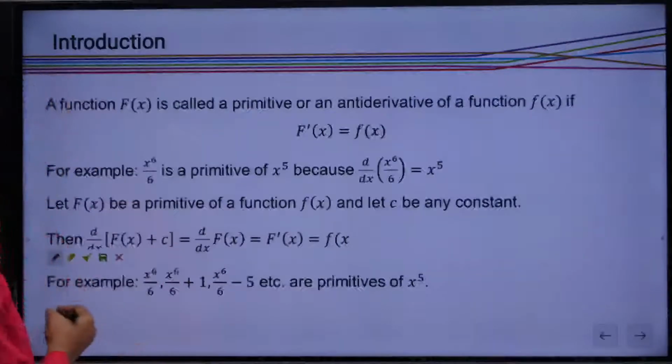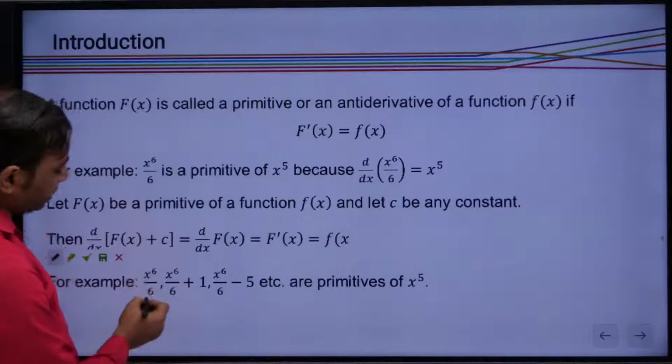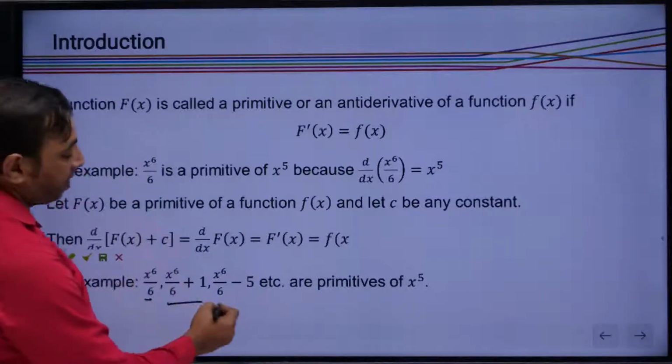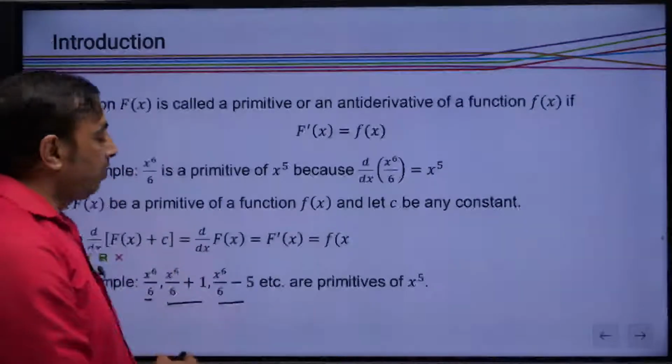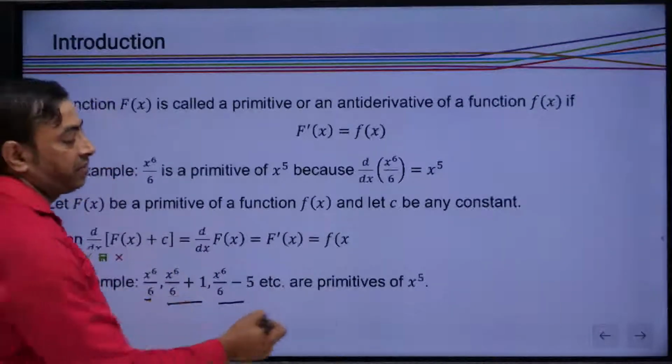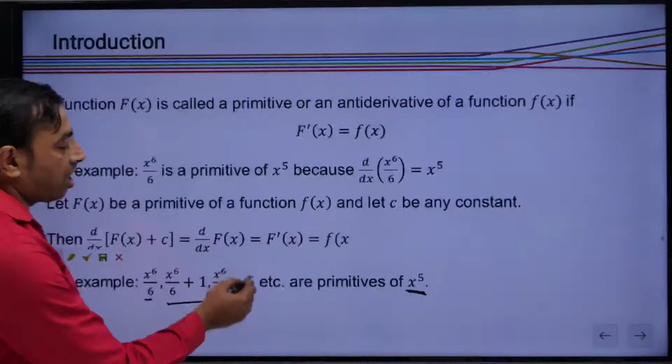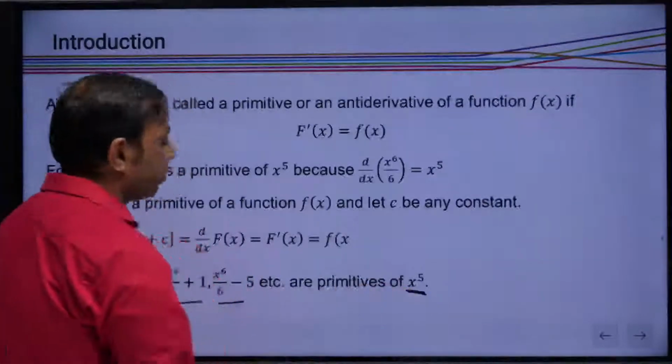If we look at these functions, x to the power 6 upon 6, x to the power 6 upon 6 plus 1, x to the power 6 upon 6 minus 1, we can see all these three functions give the same derivative, x to the power 5. That means all three are primitives of the function x to the power 5.